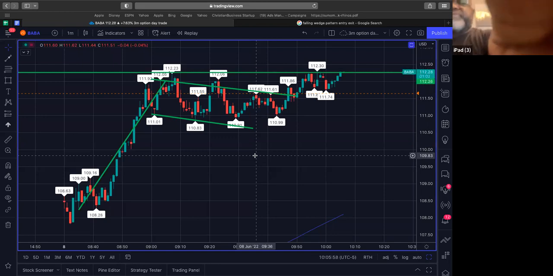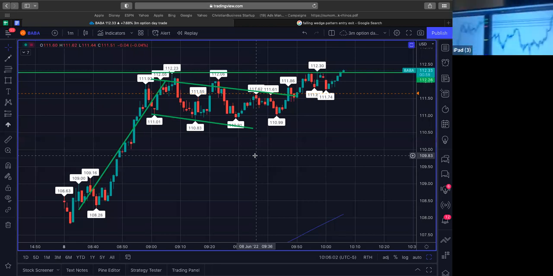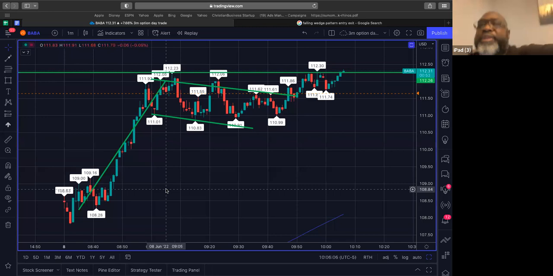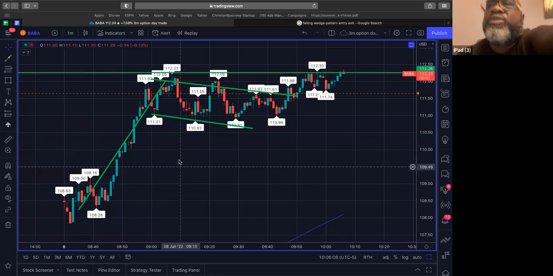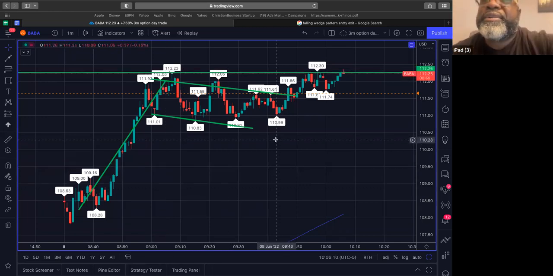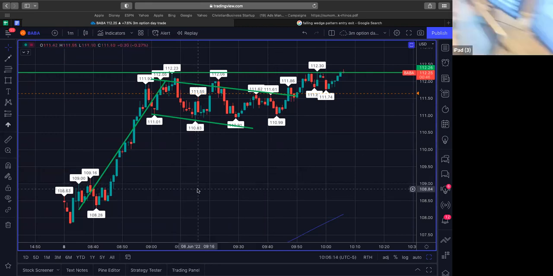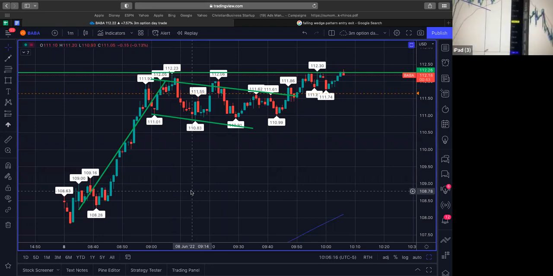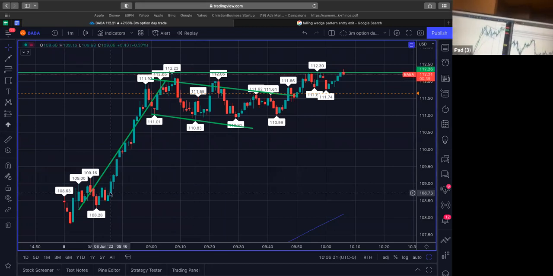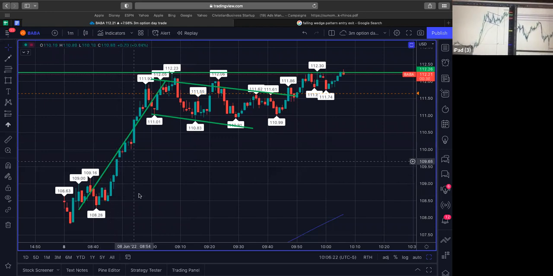I don't know if you can see my screen. Do you see that? Oh no, I got it the wrong way. Did you see this long wick right there? No, you had it the right way. I saw it when you turned your phone. That long wick right there. What does that mean?